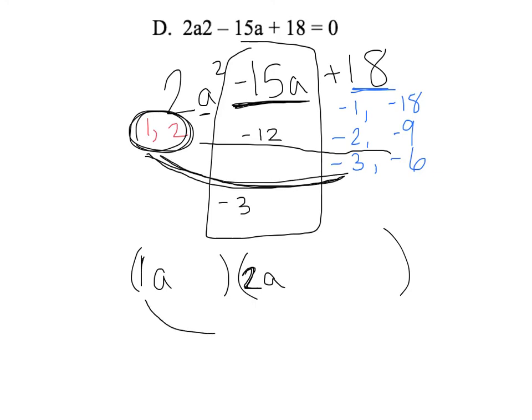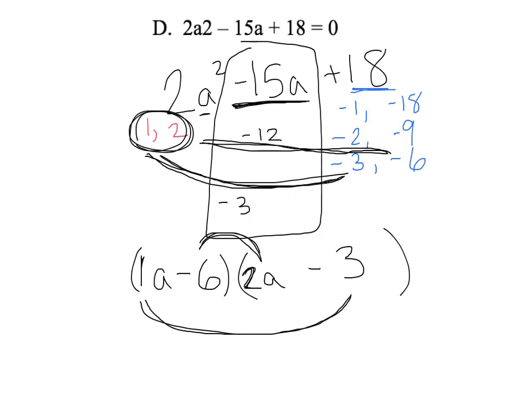So outsides go together, 1 has to go with negative 3. 2 went with negative 6, insides go together, so minus 6 has to go in the front one. If you multiply numbers together, they should not be in the same parentheses. They should be in different parentheses.